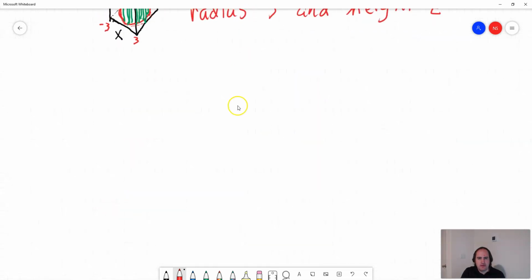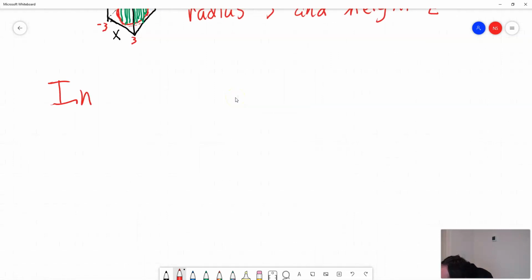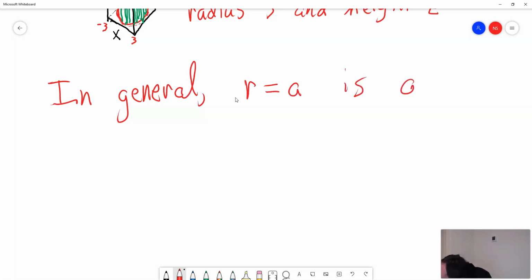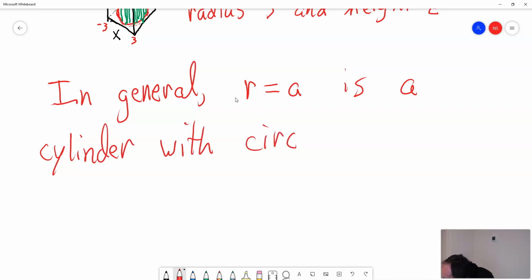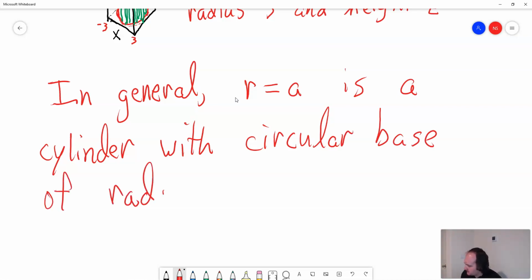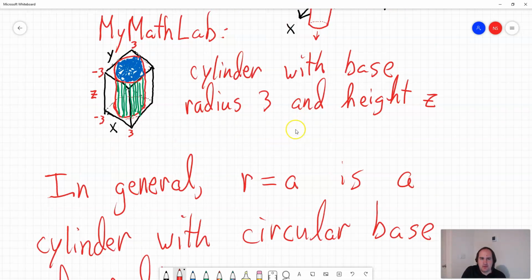So just remember, in general, r equals a is a cylinder with a circular base of radius a, and then the height is z, of course, but because z goes up forever and down forever, you can't draw the whole cylinder, so you just do a sketch like what we did.